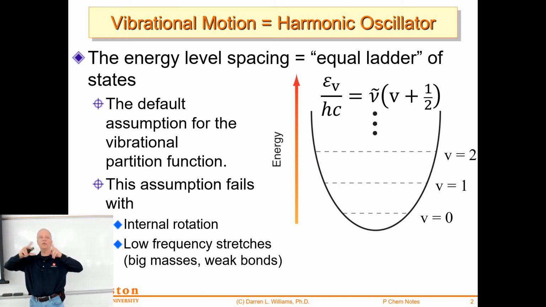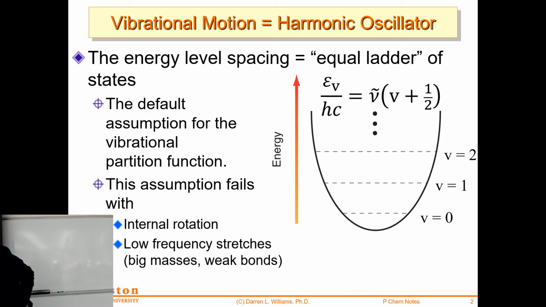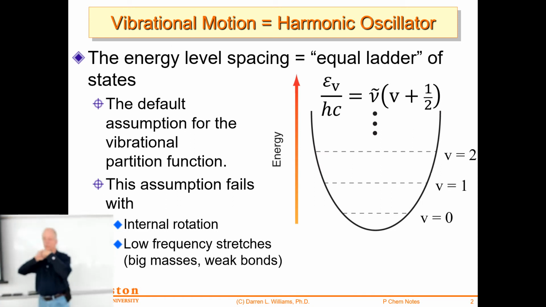That internal mode of vibration, where if it's gauche, it's vibrating like this, but at higher temperatures they can spin freely. So when it transitions from being trapped to spinning freely, those energy levels are really close together. And so it's not an equal ladder of states in just that motion. The CH stretch will be, because the CH stretch is just going to be a harmonic oscillator.